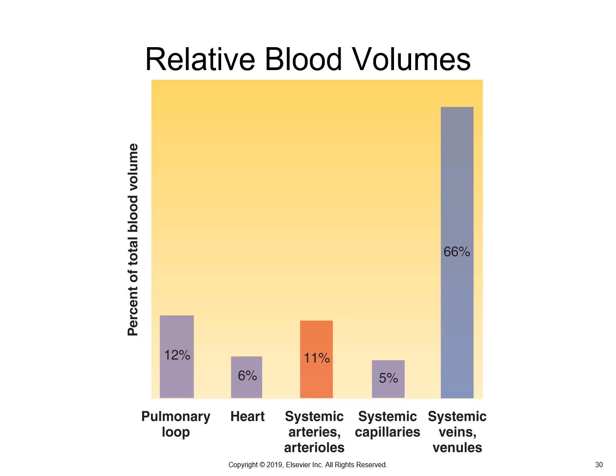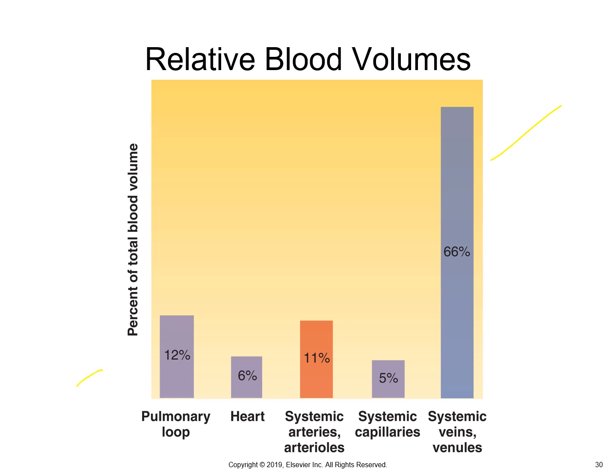So in terms of blood volume distribution, most of the blood in the body is found in those systemic veins and also the venules that we see right here, about 66% of it. So they act basically as a reservoir for the blood. All right, and then we have about 12% in the pulmonary loop, in pulmonary circulation.